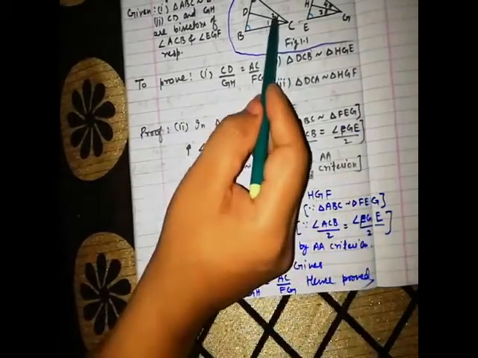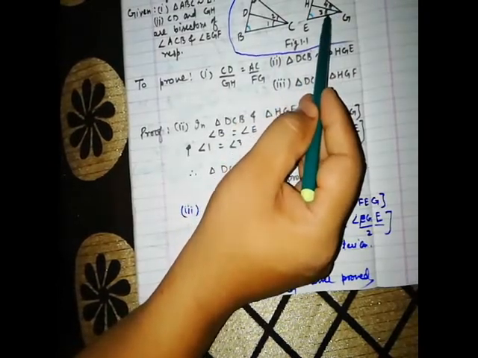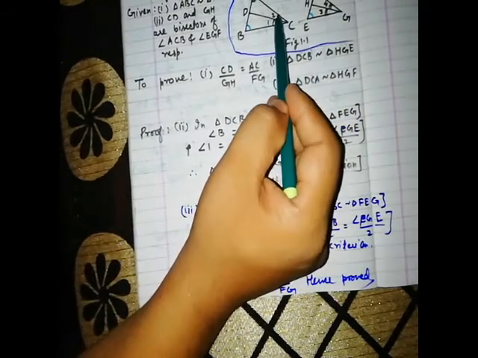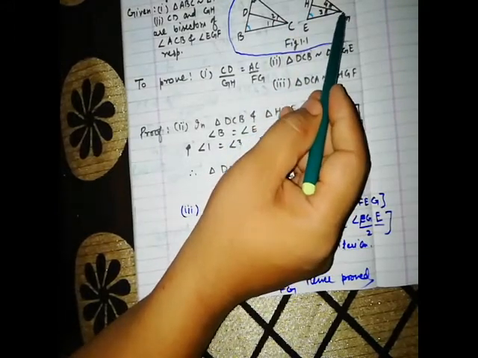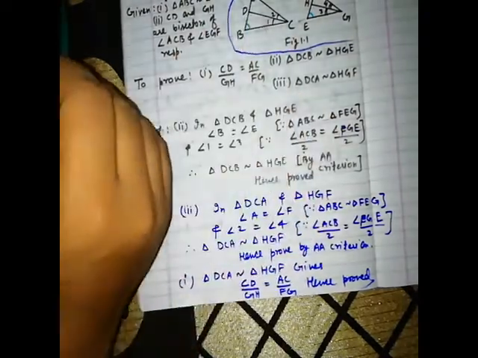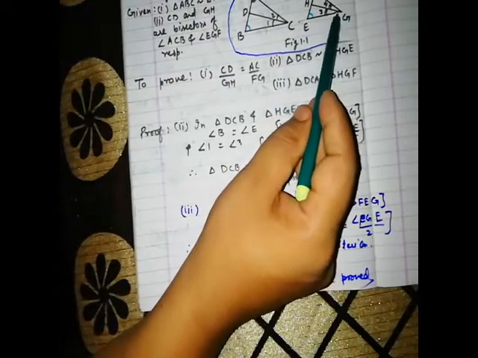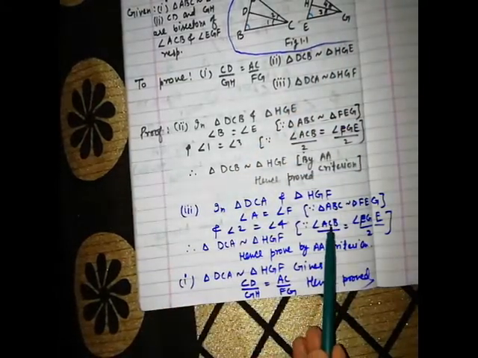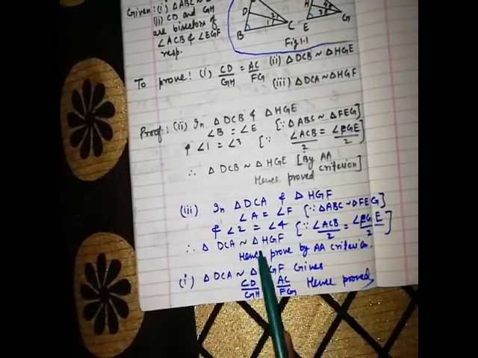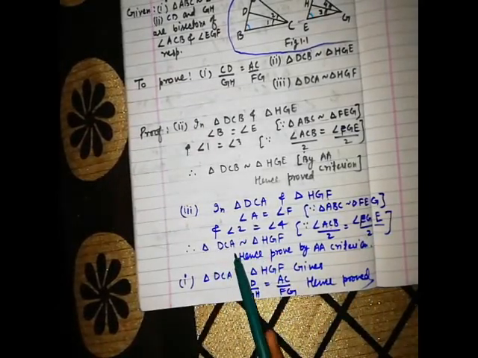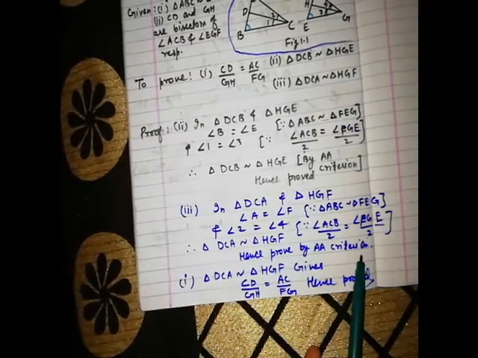Now similarly, angle 2 will be equal to angle 4 because angle C is equal to angle G, and this angle 2 is half of angle C and this angle 4 is half of angle G, because GH and CD are bisectors, and if angle C is equal to angle G, then half of angle C will be equal to half of angle G. That is angle 2 and 4. So we get triangle DCA similar to triangle HGF by AA criterion.